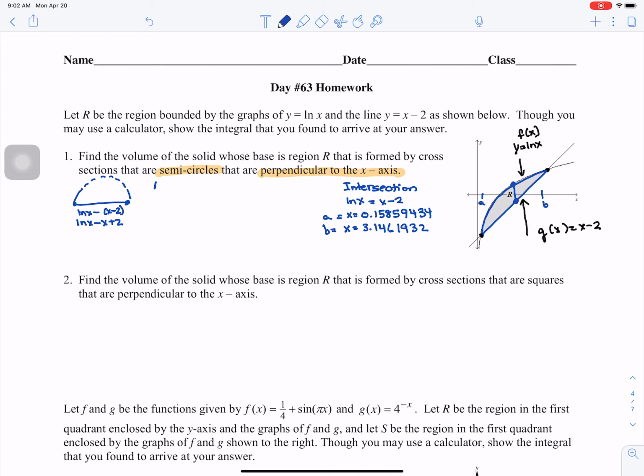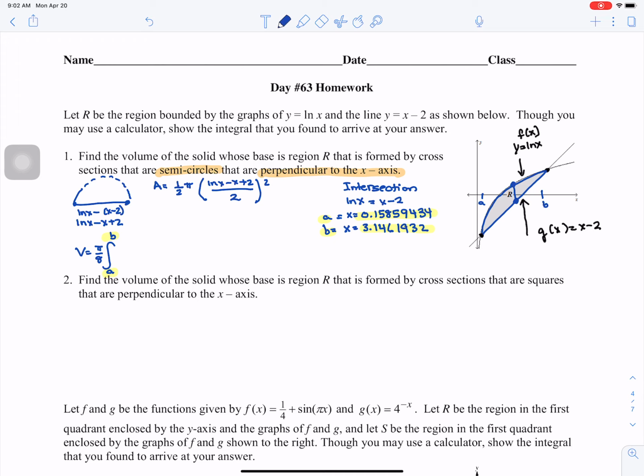So my area of one of these is 1/2 pi, and my radius is ln x minus x plus 2 divided by 2, all squared. Now you simplify that, and that's where we get the pi over 8. I'm going to substitute my A and B, which are the values coming from here and here, and I'll wait till the very end to round.